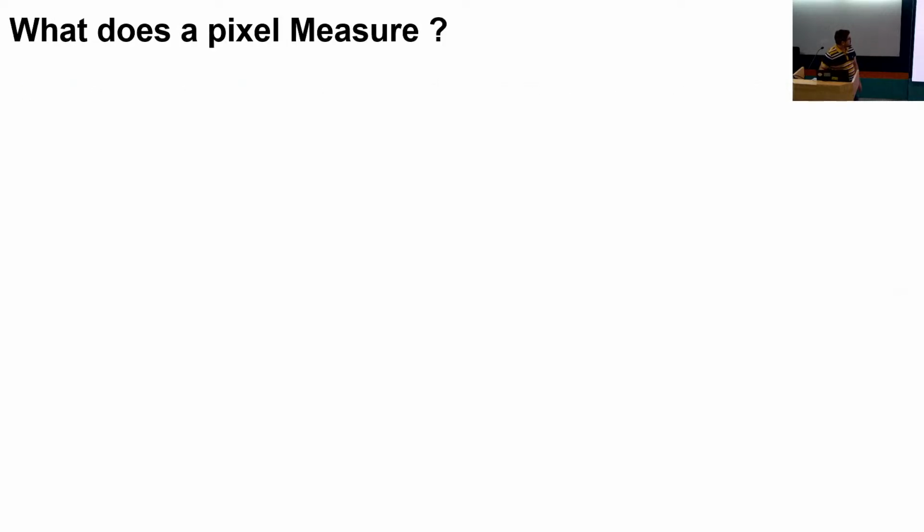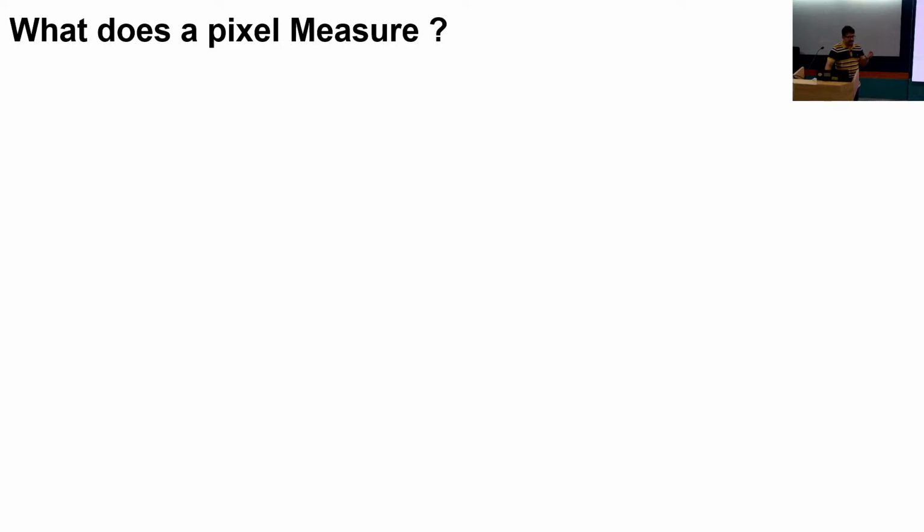Okay. So now let us ask one simple question. All of us see images in our day-to-day life. You have your videos, you have your Instagram where you see different images. But at a fundamental level, what does this pixel value measure? What is measured at that pixel?